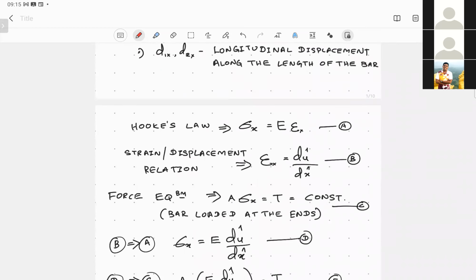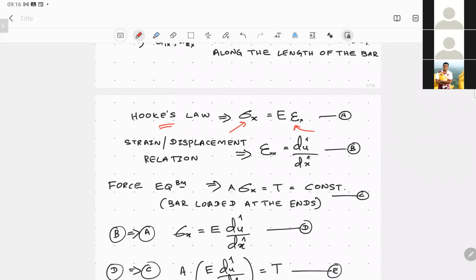So to start with, let's first apply what we know. We know the principle of Hooke's law. We know the relationship between the stress applied in the bar and the strain is given by this relationship. Sigma x is equal to the Young's modulus, the elasticity modulus, times the strain in the x direction. So you can further write the strain relation with respect to the displacement.